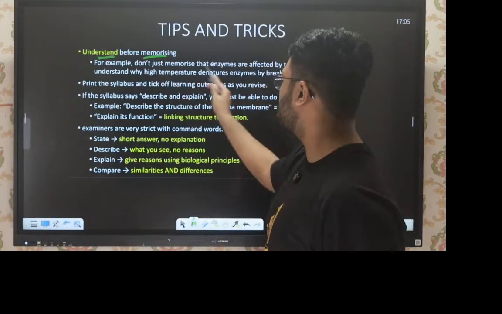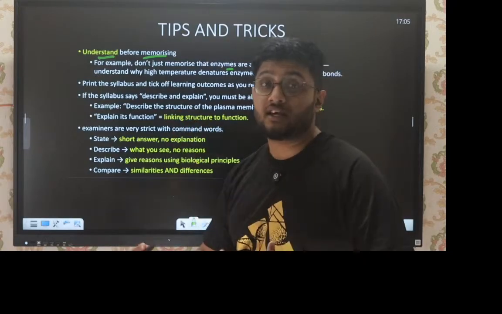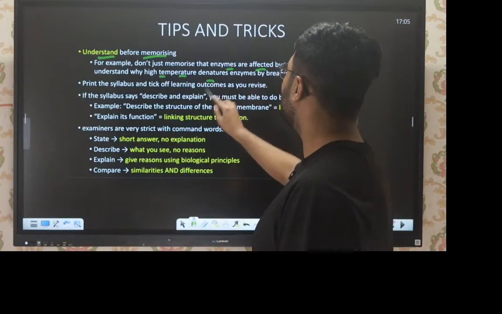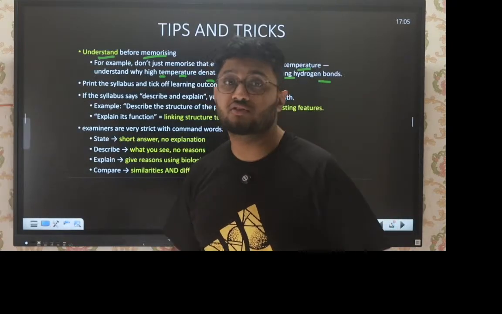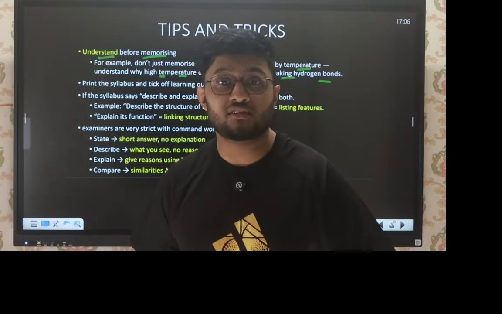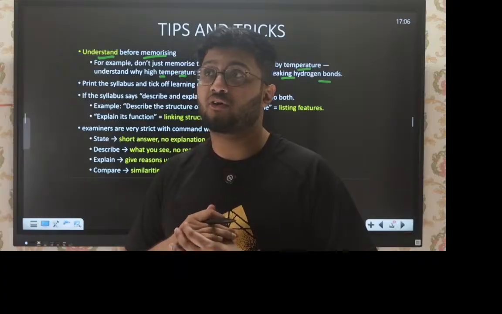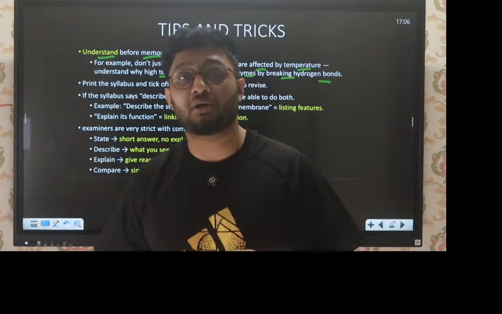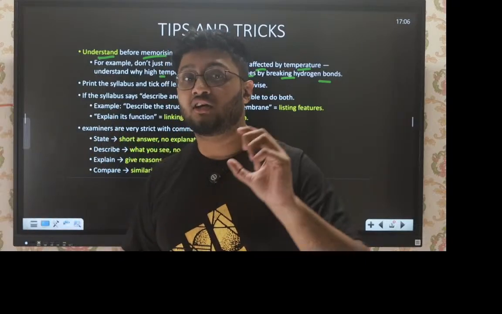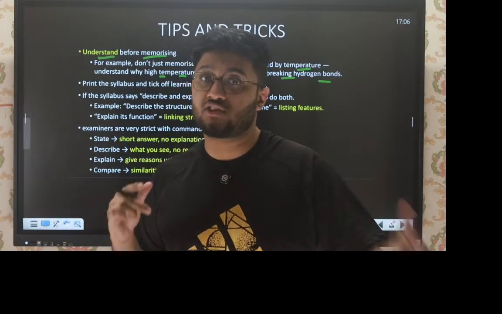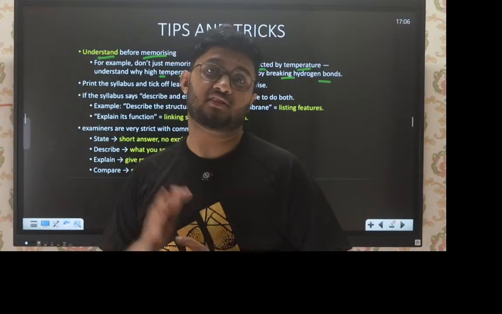For example, don't just memorize that enzymes are affected by temperature. Understand why high temperature denatures the enzyme, by breaking hydrogen bonds, or how changes in pH change the active site. In the case of temperature, denaturation happens. So you see this word denaturation, active site changes. These little points, you have to understand them in order to answer properly.